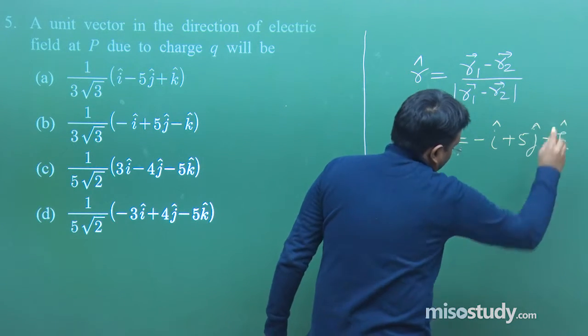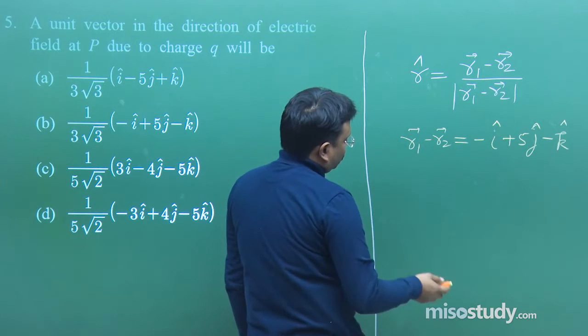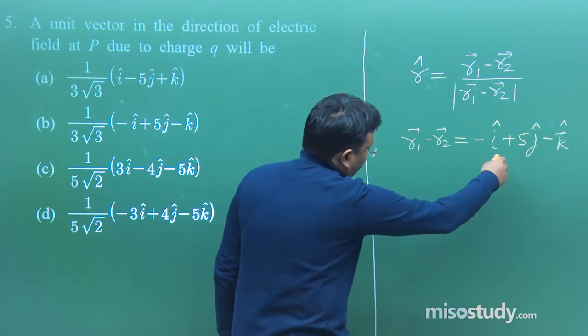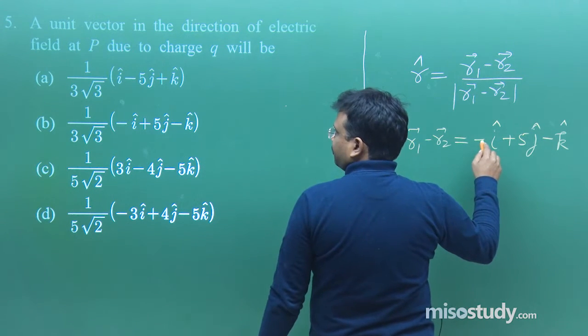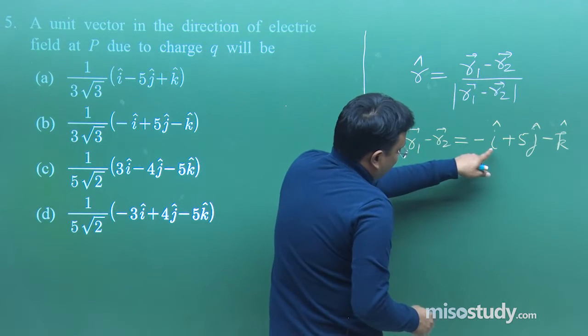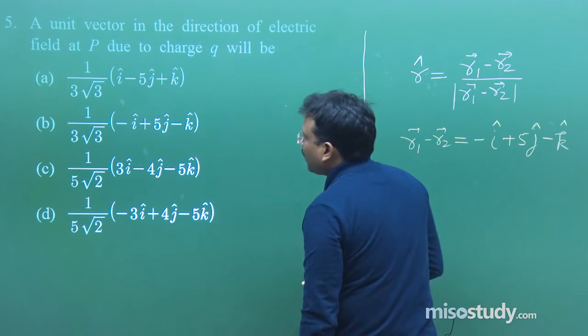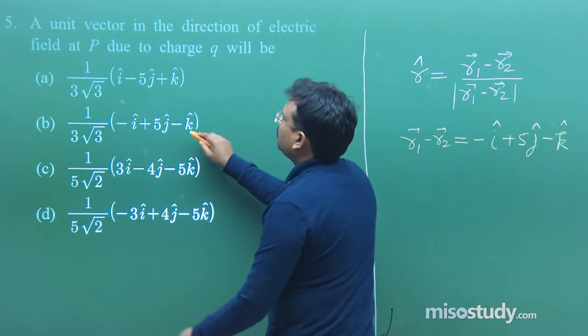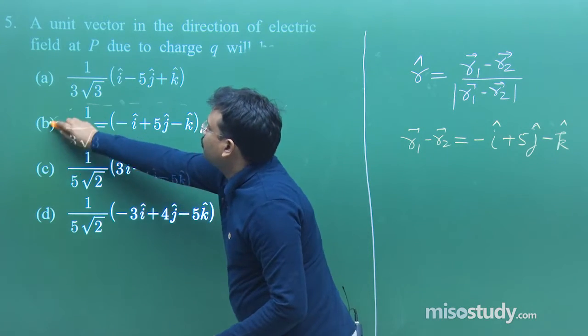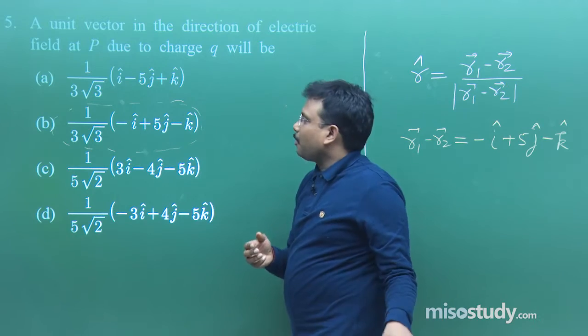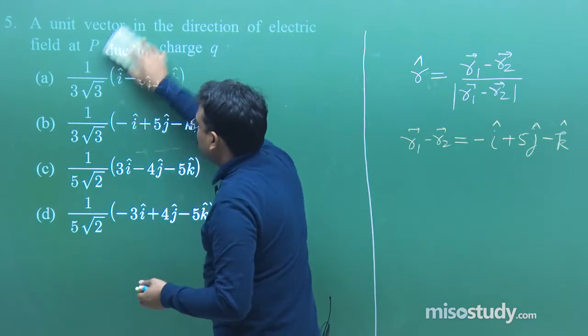Now for this particular situation I can show what the mod of this information is. Now B is going to be your correct option. Fine. A fundamental property of vectors has been used over here.